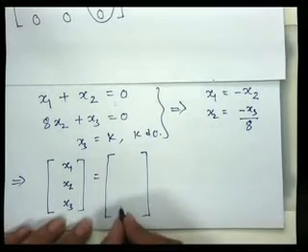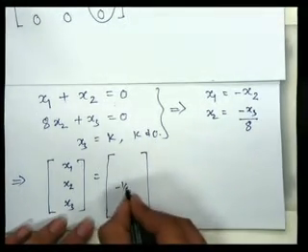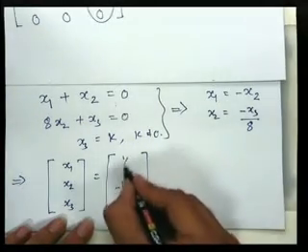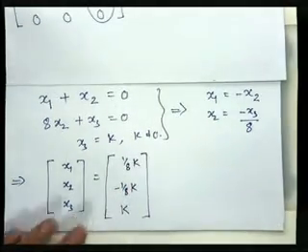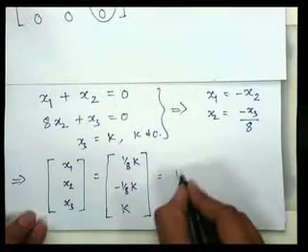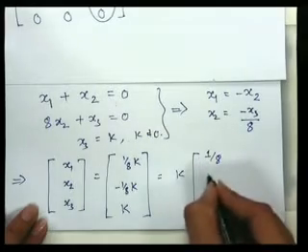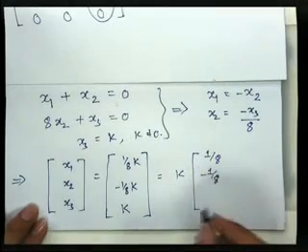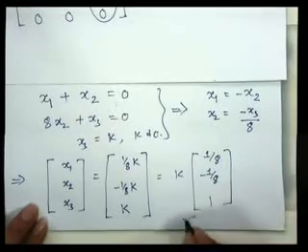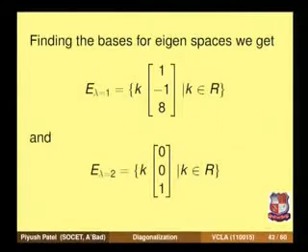By putting x3 equal to k, we have x2 equal to minus 1 by 8 k, and x1 equal to 1 by 8 k. So we have k times the vector 1 over 8, minus 1 over 8 and 1. This is the linearly independent eigenvector corresponding to the eigenvalue lambda equal to 1.